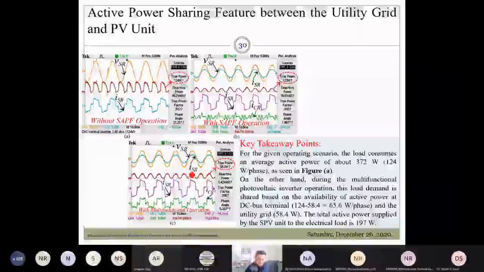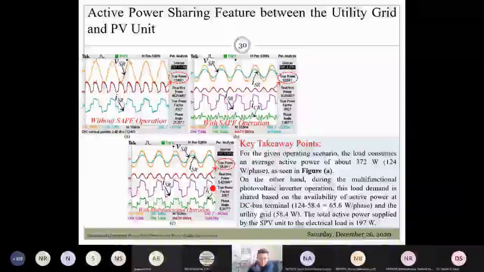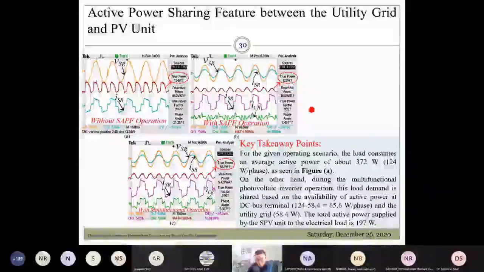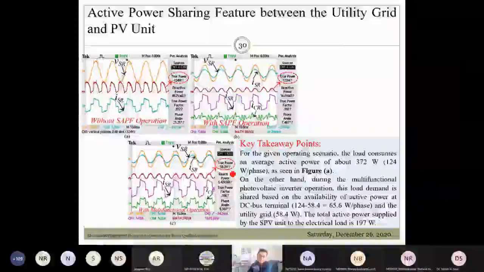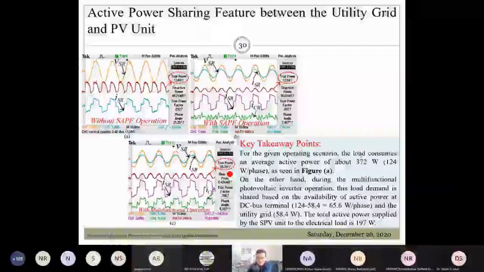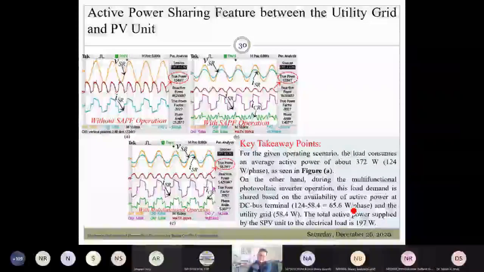Finally, a close approximation of plot C confirms that in this case, the active power supported by the utility grid is dropped from 123 watt, see here, 124 watt, to 58.3 watt. So how much power is supported by the PVs? That is 65.6 watt per phase.